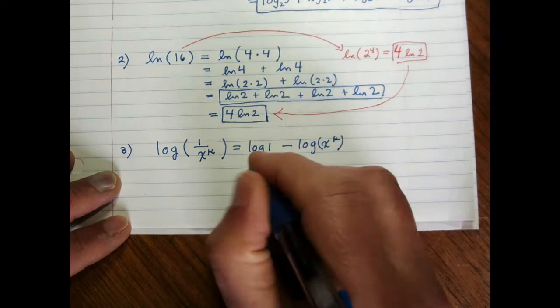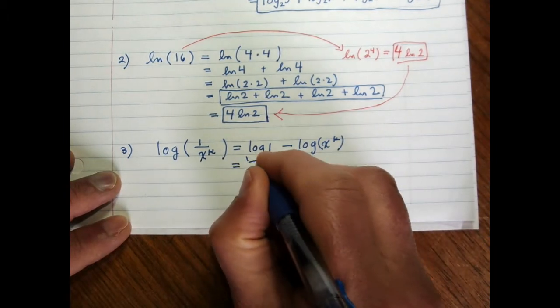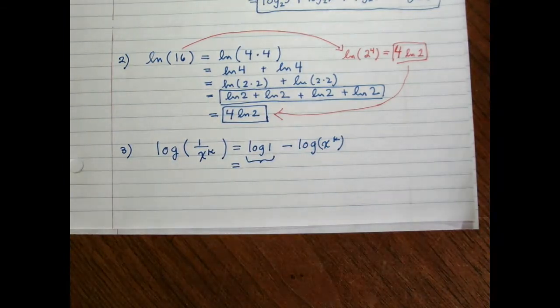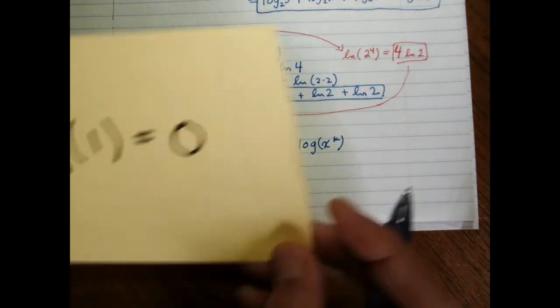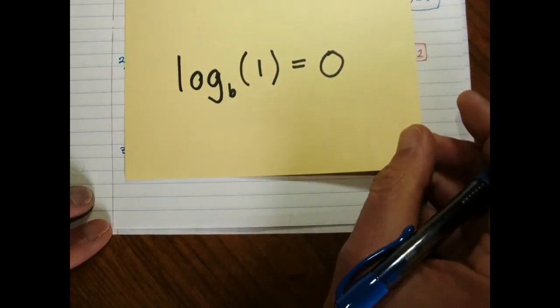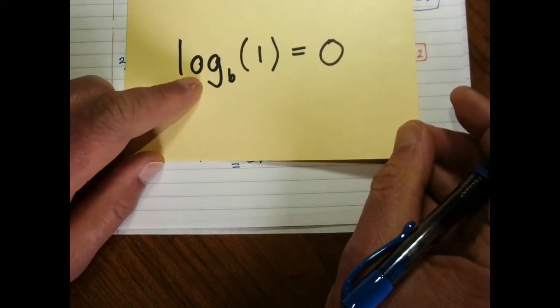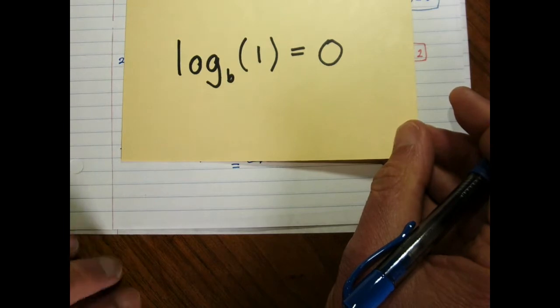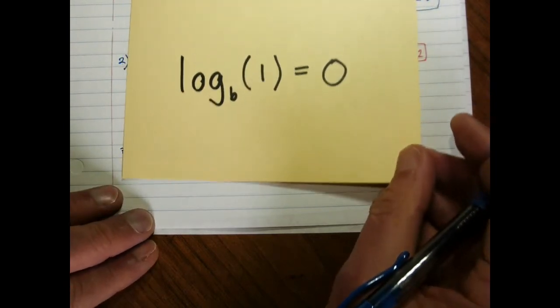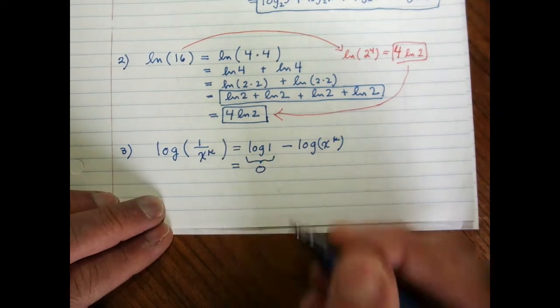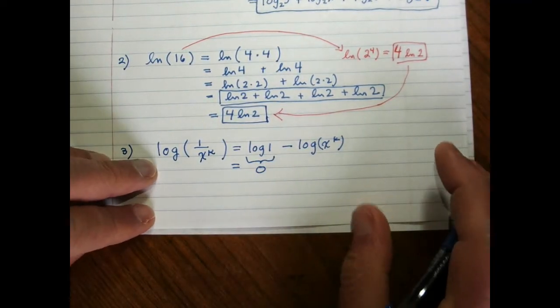And now, here is a good example where I see log of 1. What I want to do is apply the first of those other properties in my list, and this is the one that will come up most often, where log to any base of 1 is 0. We want to remember that we can always simplify log of 1 to 0 whenever it occurs.